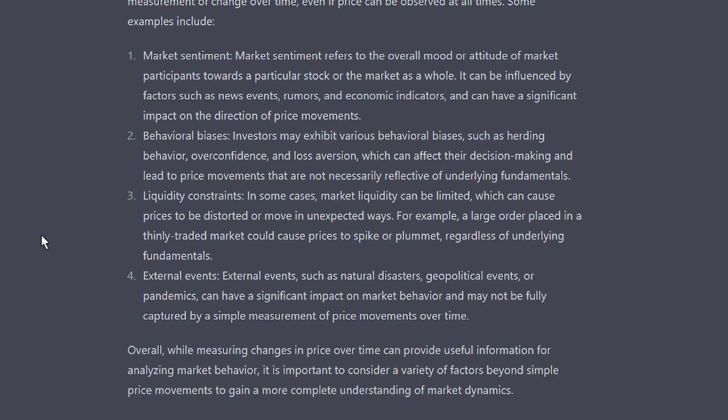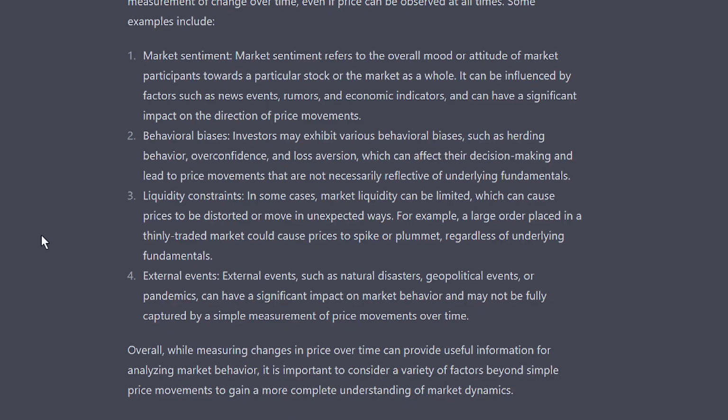Behavioral biases. Investors may exhibit various behavioral biases, such as herding behavior, overconfidence, and loss aversion, which can affect their decision making and lead to price movements that are not necessarily reflective of underlying fundamentals. 3. Liquidity constraints. In some cases, market liquidity can be limited, which can cause prices to be distorted or move in unexpected ways.